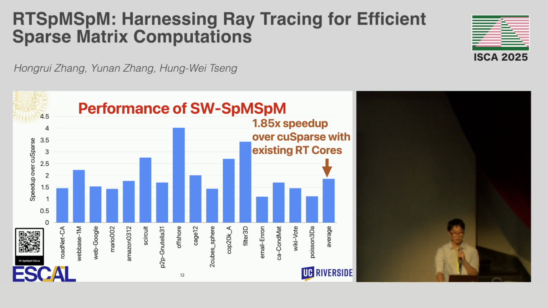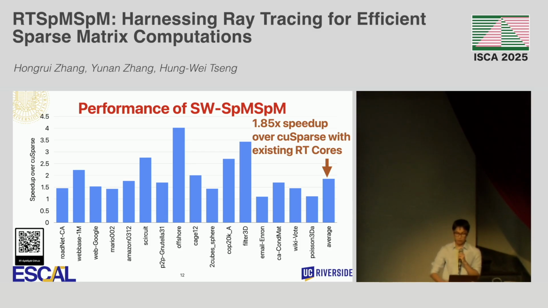So based on the concept of mapping SpMSpM into a ray tracing problem, we create a software implementation which you may find through our GitHub repo, and evaluate the performance using an NVIDIA RTX 4090 GPU card with an Intel Core i7-14700K processor. This figure shows our experimental result.